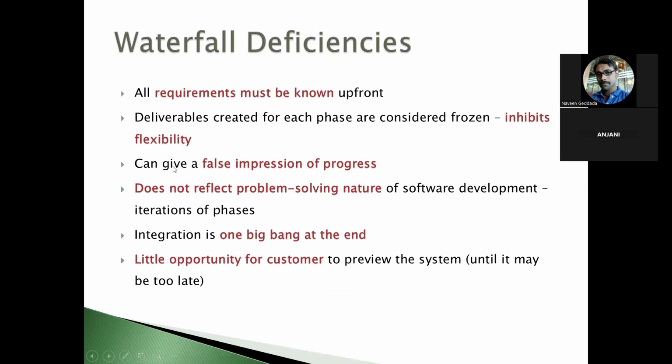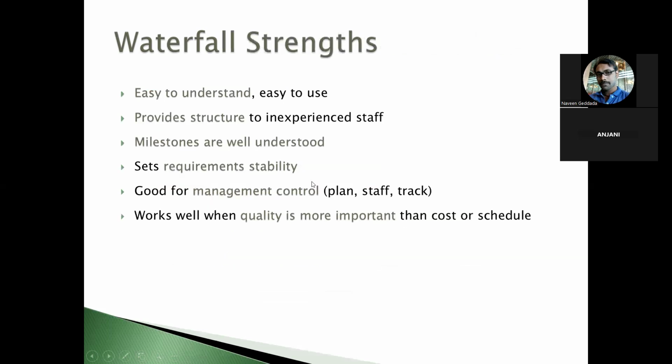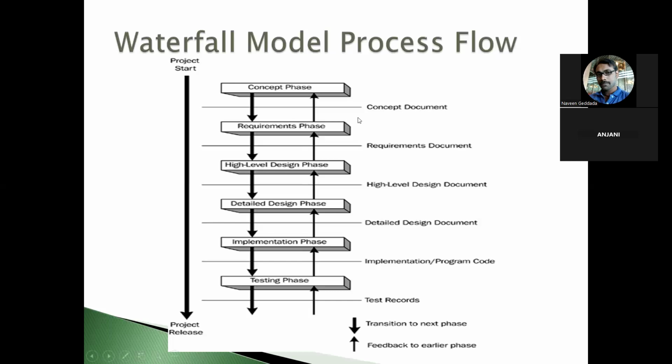Then you see here the third statement: it can give you a false impression of progress. Why does it give a false impression of progress? In the requirements phase, say we have a list of R1 to R10, a total of 10 requirements.